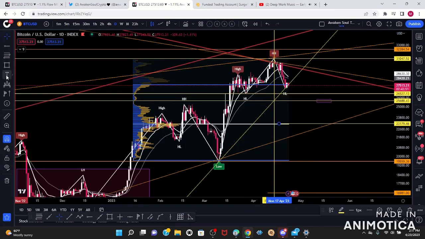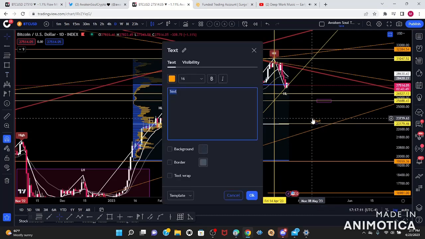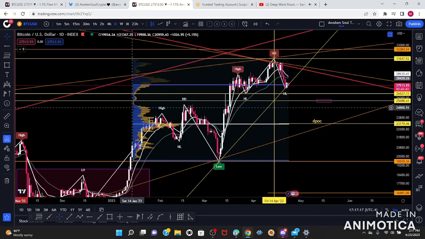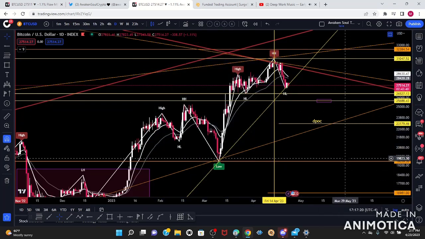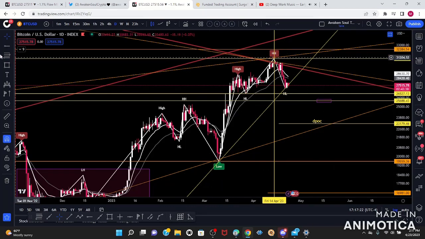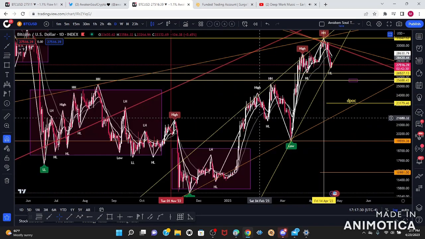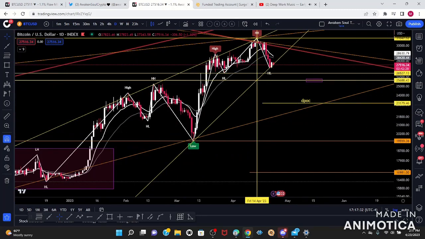Oops. And now you see why I color coordinate everything. I also want to, just like we made a support in our daily, right off the bat here, this is going to be my resistance. So this rising wedge could fall to the downside right now.